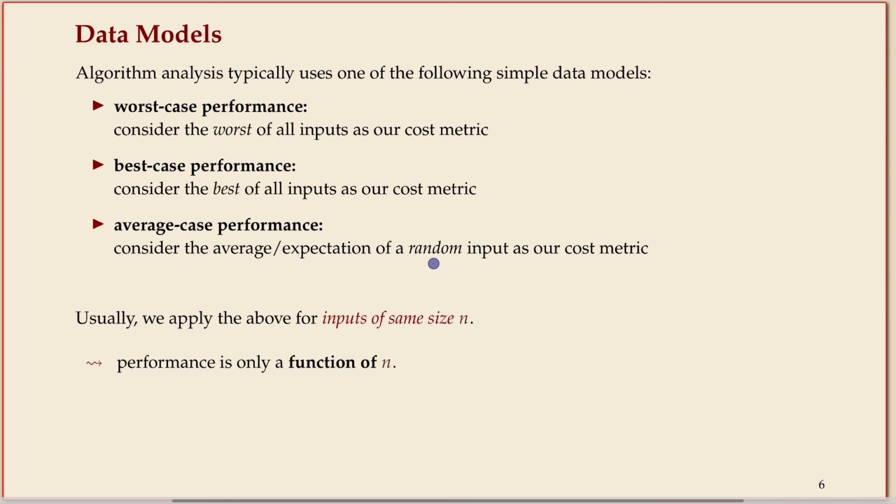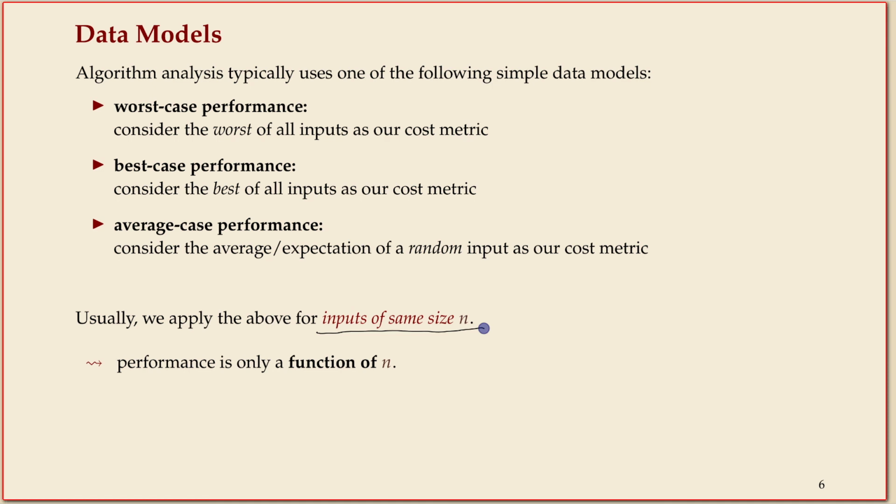Why do people like these models? They're not necessarily the most realistic for a concrete application. But the big benefit of these models is that they reduce all inputs of a certain size to one number, to one parameter. So we usually group inputs by size, and sometimes it's not so clear what size means, but in many examples it's quite clear.